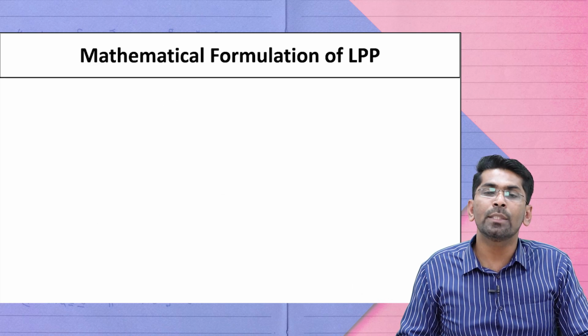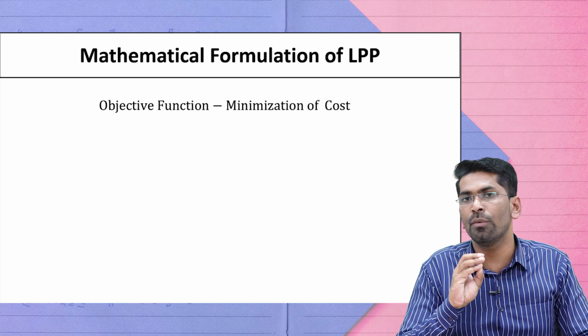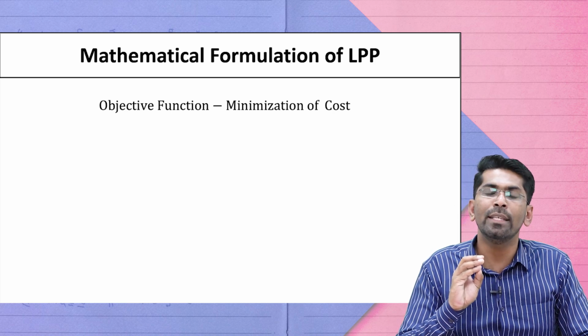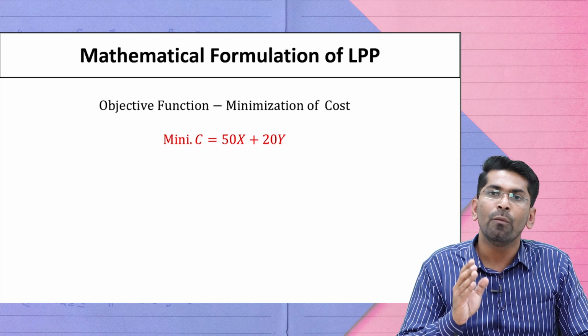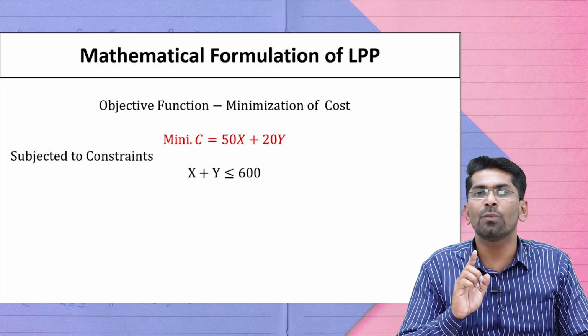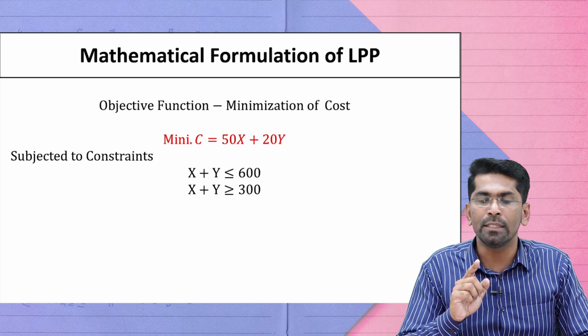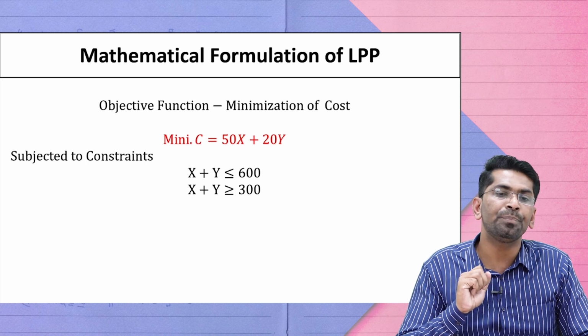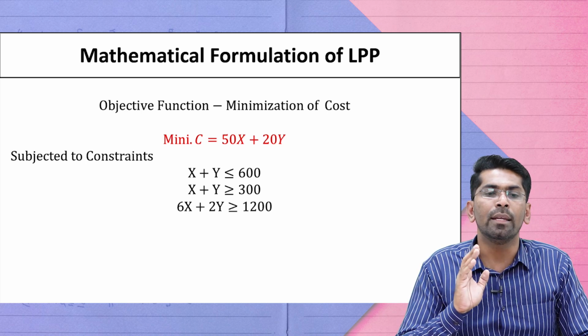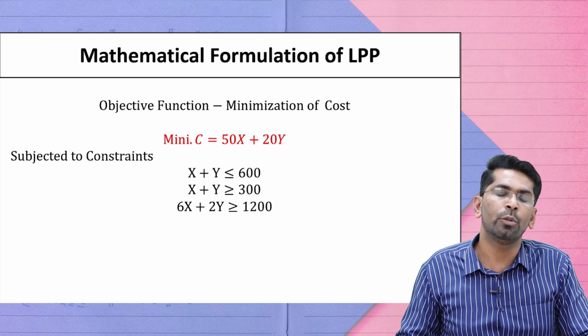Now I am going to write the mathematical formulation of linear programming from the given problem. Our objective function is minimization of cost, that is we want to minimize C equal to 50x plus 20y, which is subject to the given constraints. These constraints are x plus y less than or equal to 600, x plus y greater than or equal to 300, and the third constraint, 6x plus 2y greater than or equal to 1200.